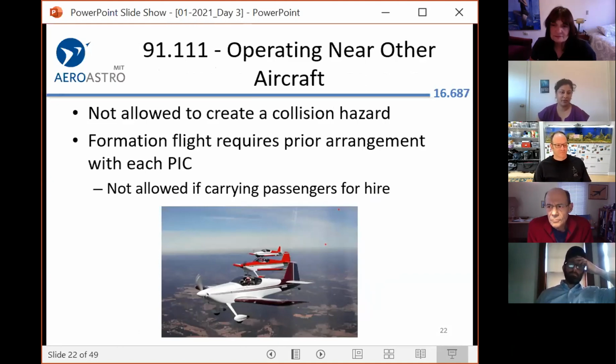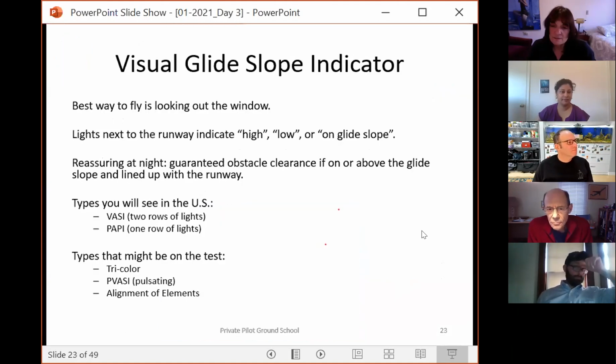We were much, much farther away than in this picture, but we were close enough that we landed at Manchester Airport as a flight of 3 airplanes instead of getting individual clearance, which was pretty fun. So as long as everybody agrees and you don't have any collision hazards, then you're allowed to do that.